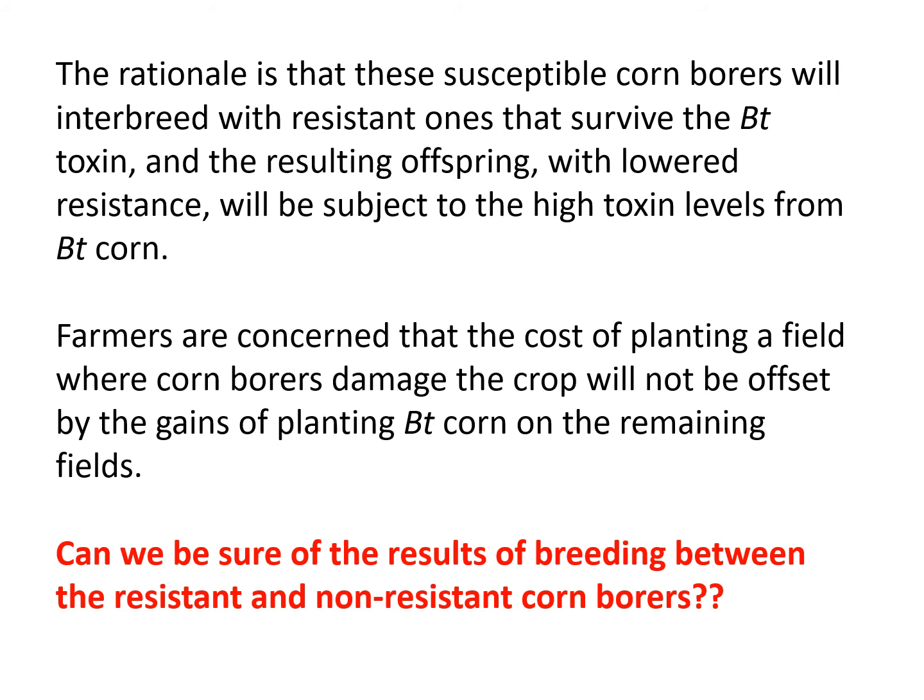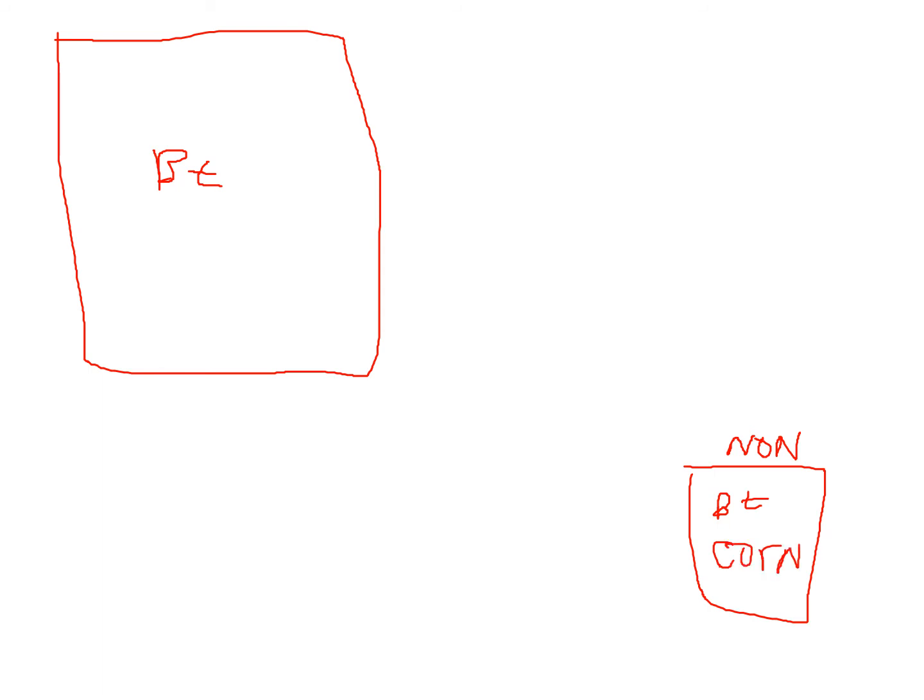So getting back to this part here, I'm actually going to insert another slide so I can show you what I'm talking about. The idea here behind the refuge plot: if I was to grow BT corn in this plot here, and then I have a refuge plot of non-BT corn, the idea is that farmers have to plant refuge fields.